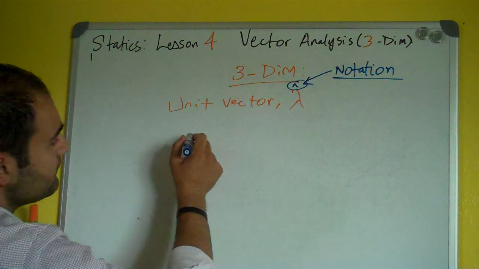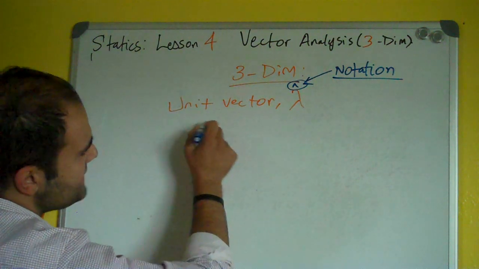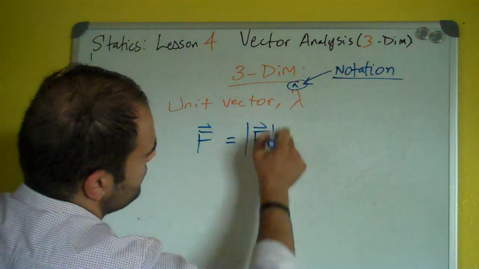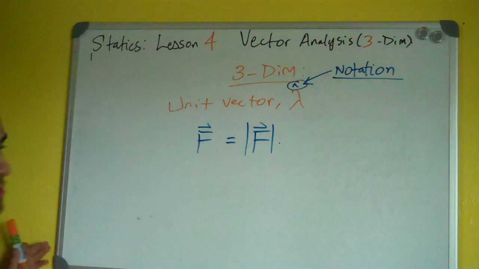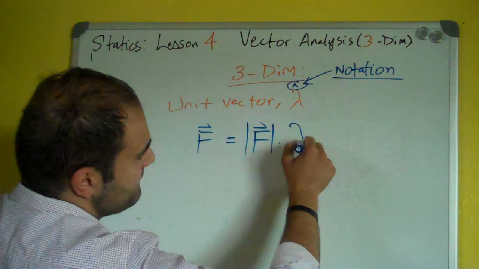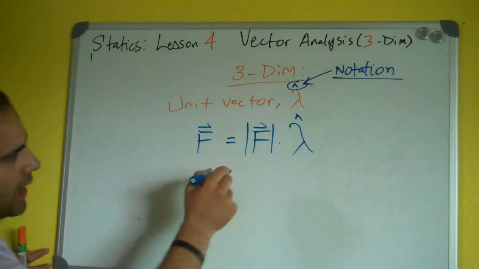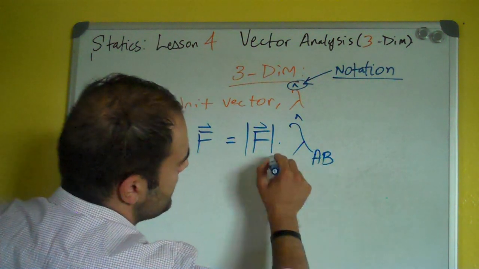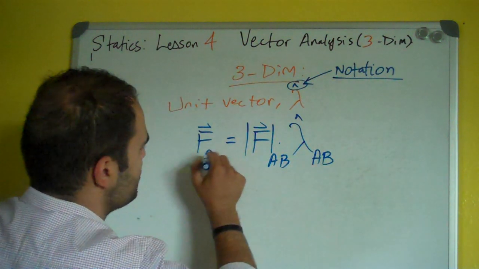Any force as a vector can be written as the magnitude of this vector times the unit vector, or lambda, of the line of action, AB for example.